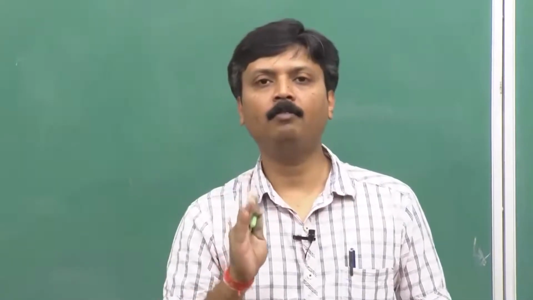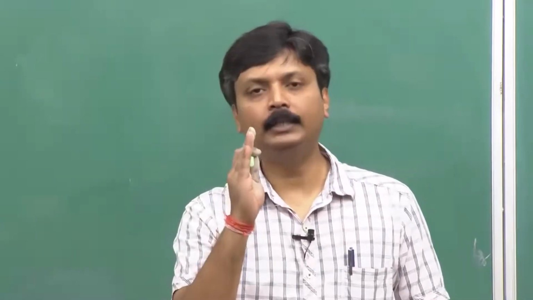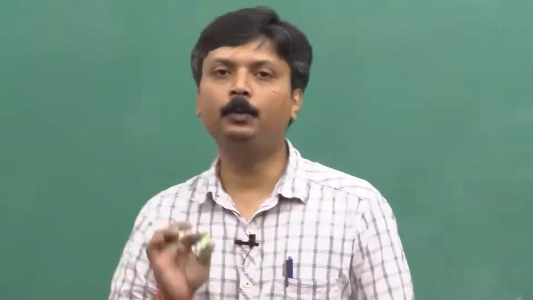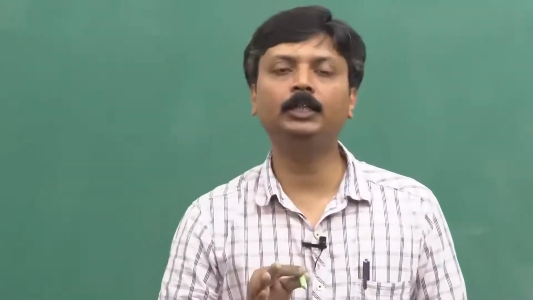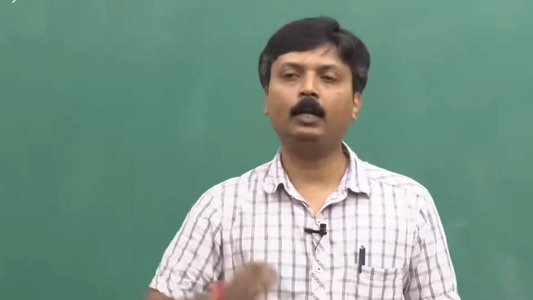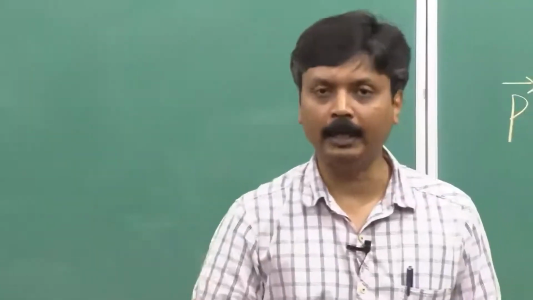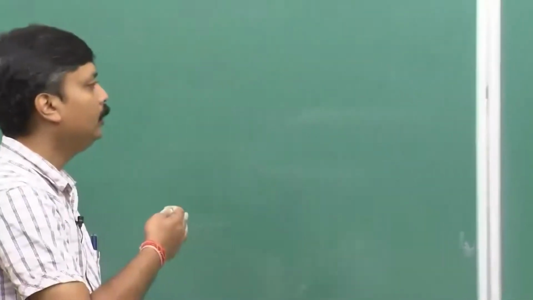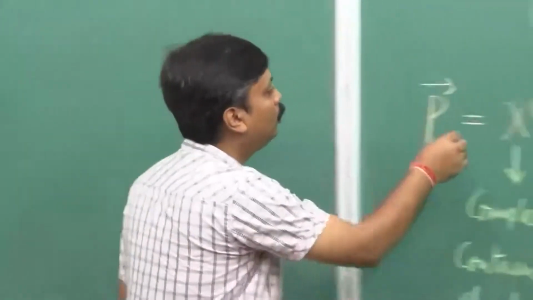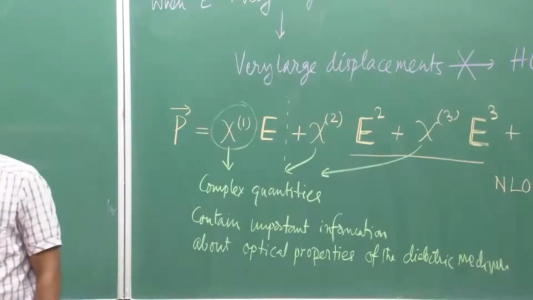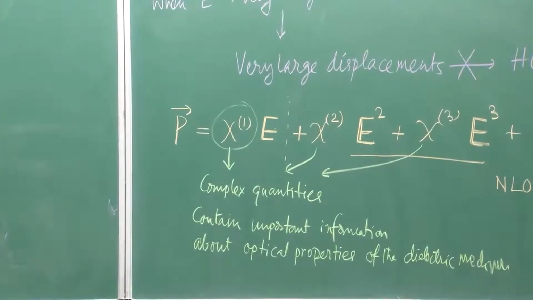Suppose I have an electric field in x direction, it is not necessary that it will induce the oscillation of electrons only along x direction. It can also induce oscillation of electrons along y or along z. Fine. So, that is why this chi, which dictates the polarization, is a tensor.